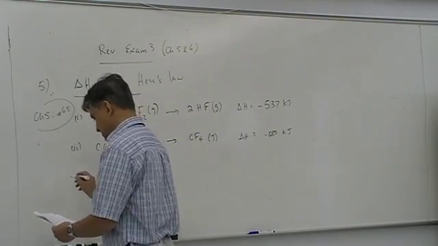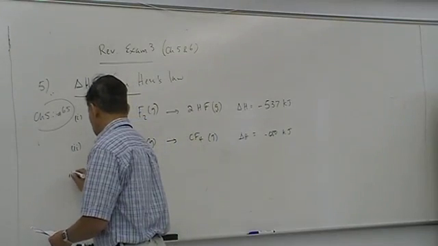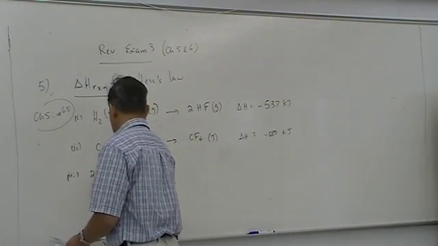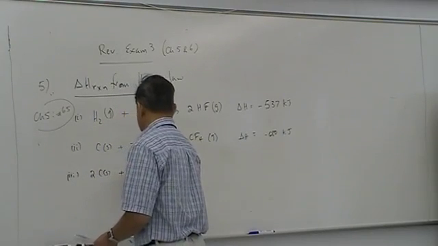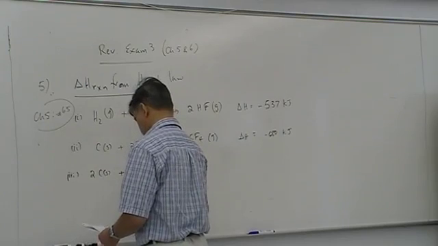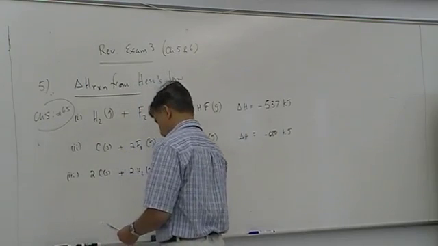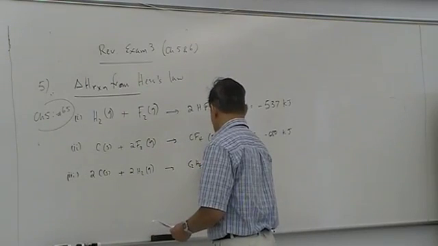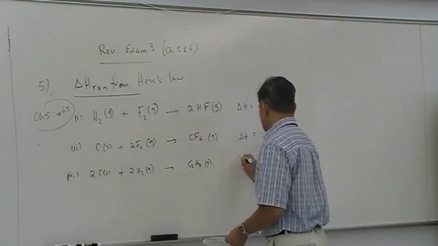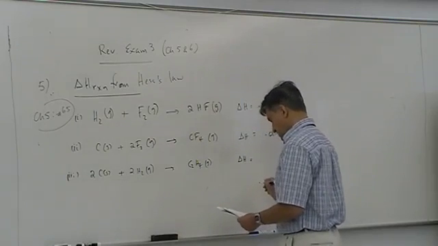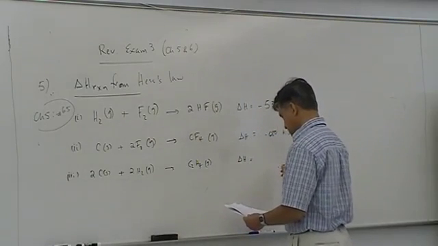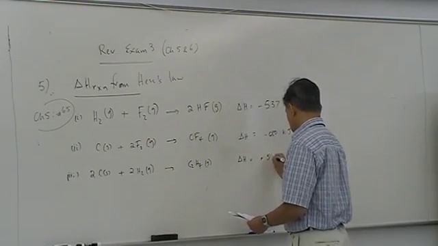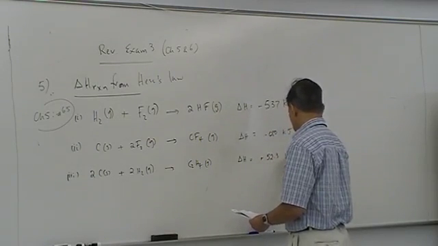And the third given reaction is 2 carbon solid plus 2H2 gas, giving C2H4 gas, and delta H value for this is plus 52.3 kilojoule.